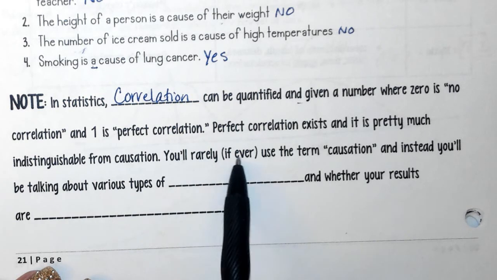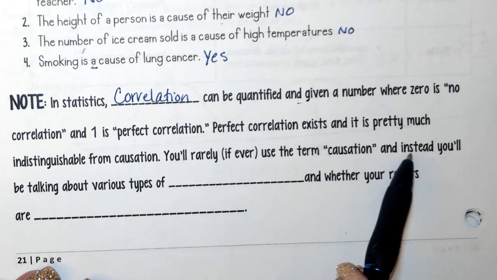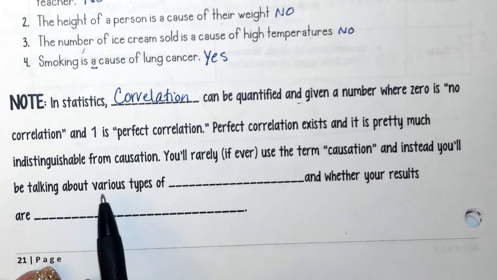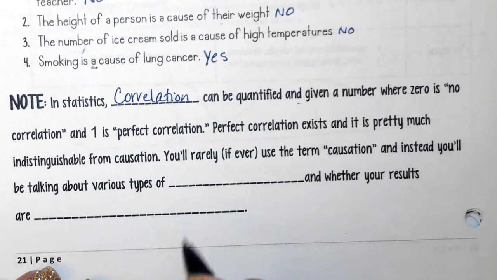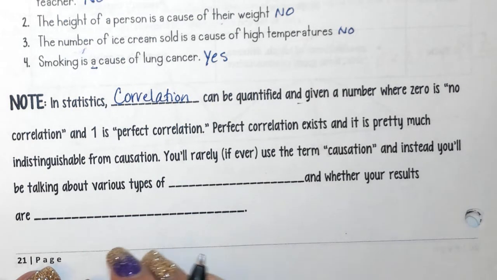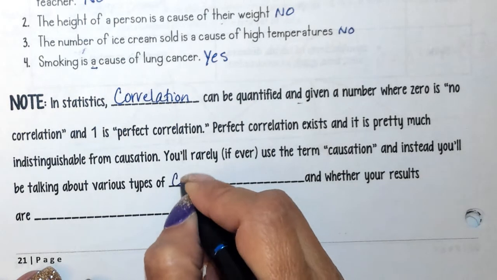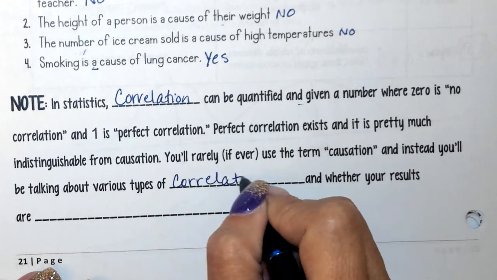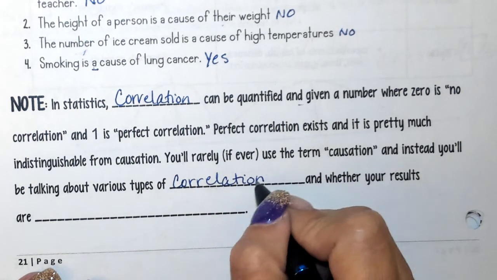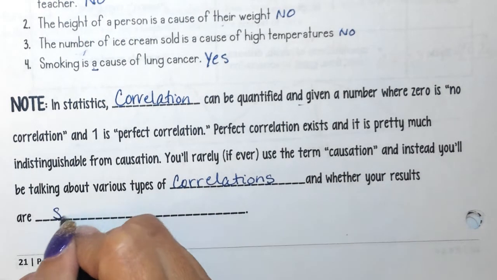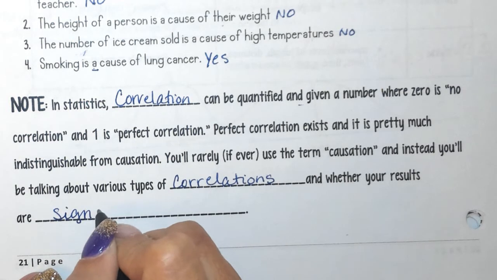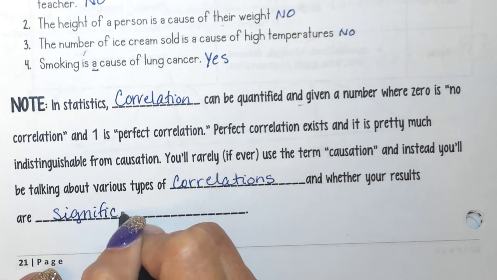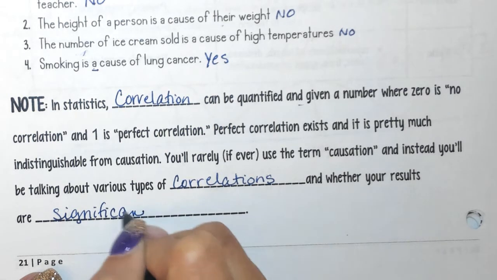We rarely, if ever, use the term causation, and instead you'll be talking about various types of correlations and whether your results are significant. So we're not really going to talk about causation. We're going to focus on correlations and their levels of significance. Whether they are significant.